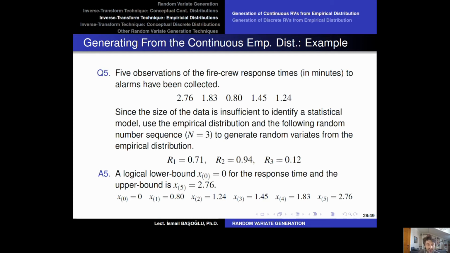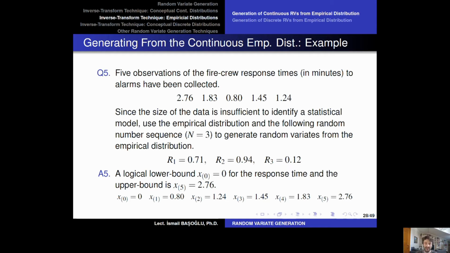Maybe you can consider the region of the fire station. When a fire incident happens, a certain district belongs to a fire station, and that district can be analyzed to find the maximum distance between any building and the fire station, and based on that we can estimate the maximum response time as a logical upper bound.